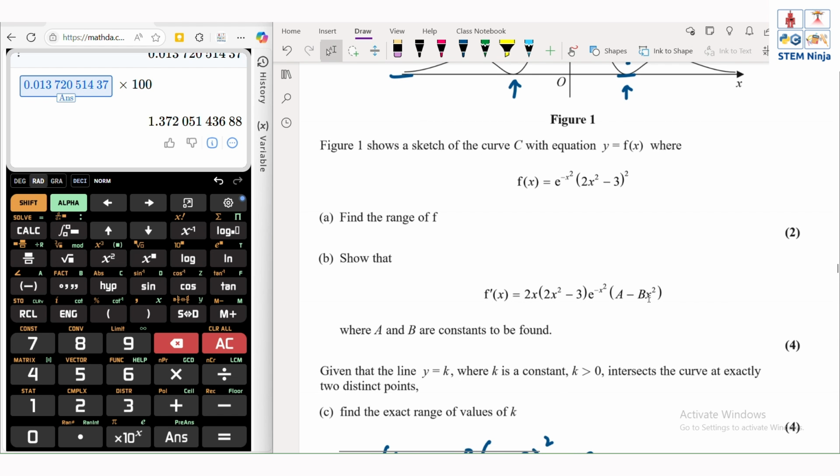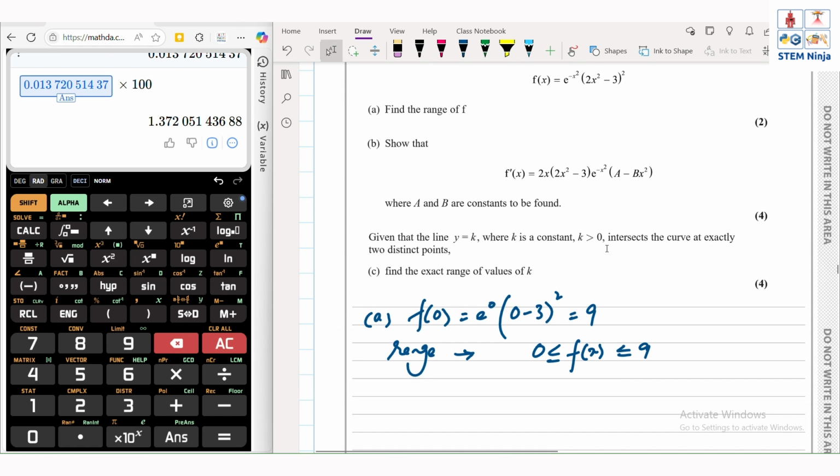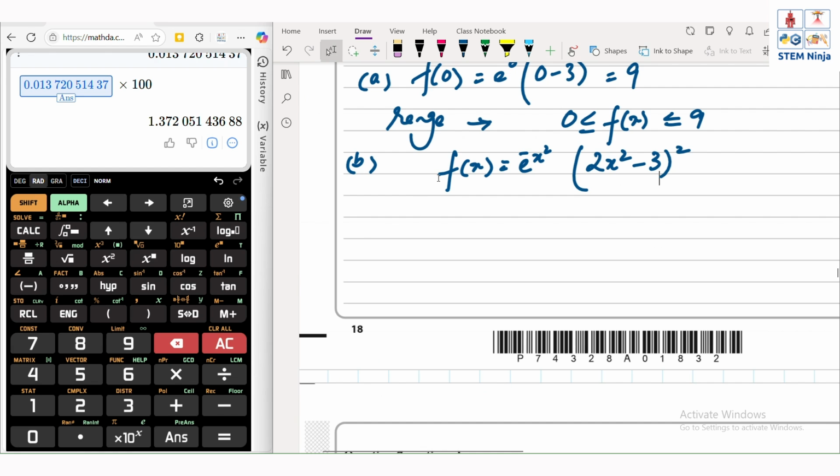Show that f prime of x is this. Okay, so over here we have to use the product rule. So f of x is equal to e raised to power minus x squared times (2x squared minus 3) whole squared. All right, so u is our e raised to power minus x squared, and v is (2x squared minus 3) whole squared.